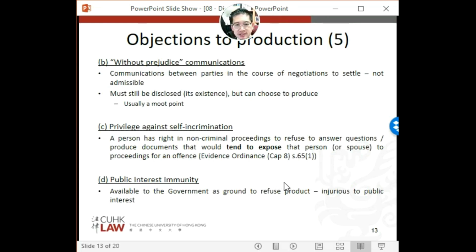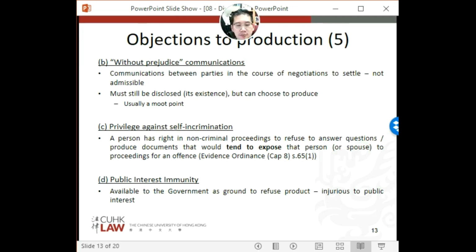Okay, just briefly about the other grounds of objection. Without prejudice communications are communications in the context of negotiation for settlement. Those are protected by privilege. We will come to this again in the settlement topic.